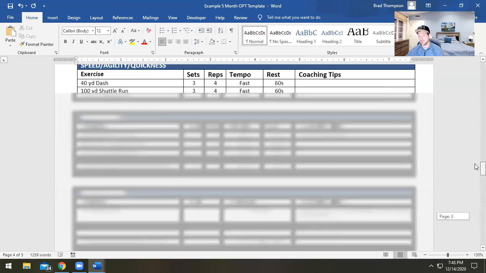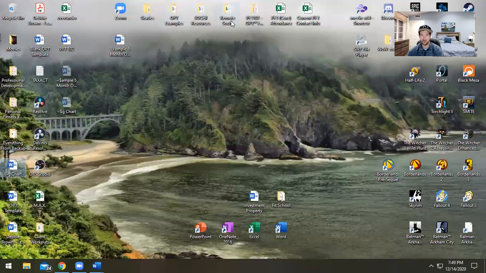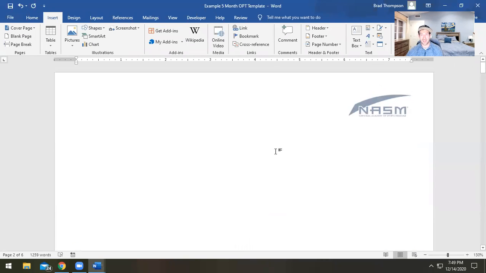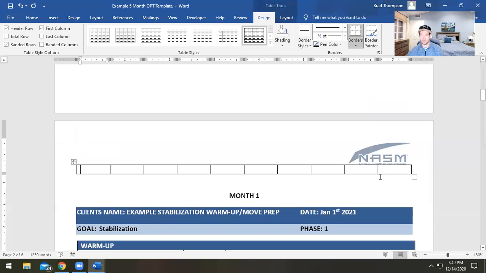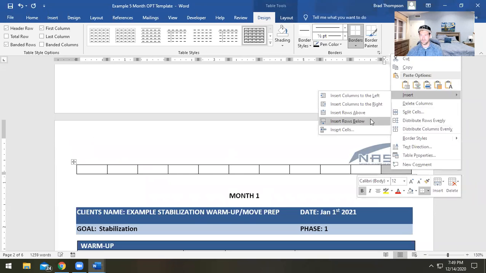So now we've got 5 months of routine here, right? But one thing I want to do is I want to really quickly lay this out in such a way that makes sense with an annual plan, right? So we're gonna put in a table.